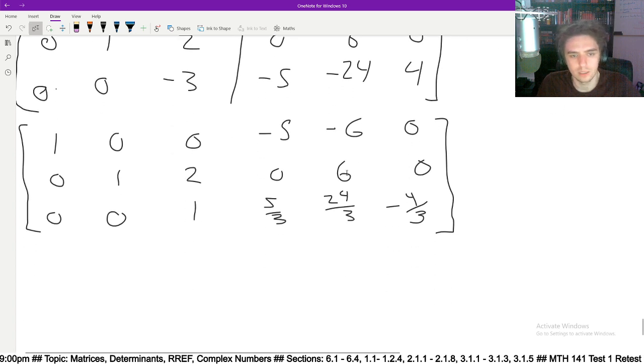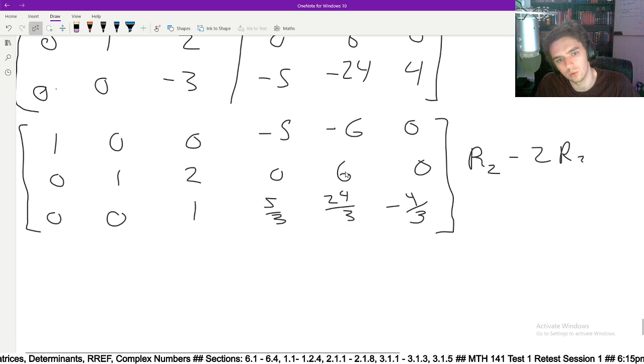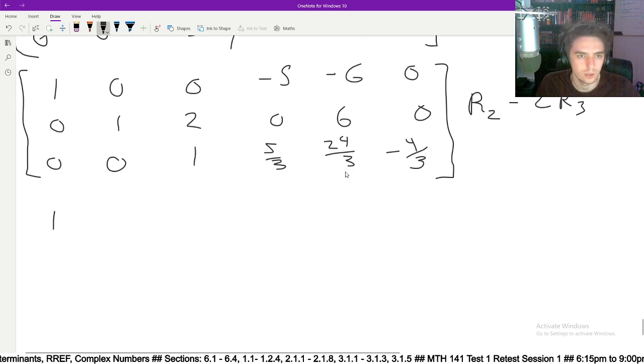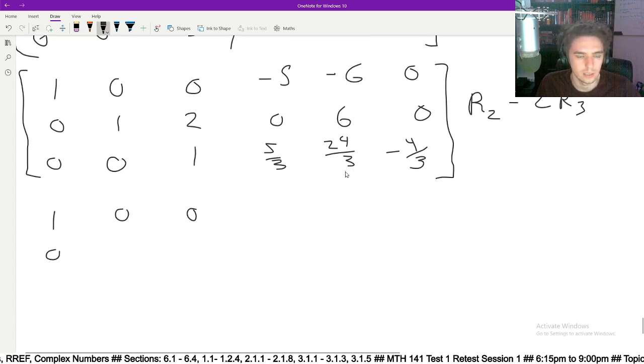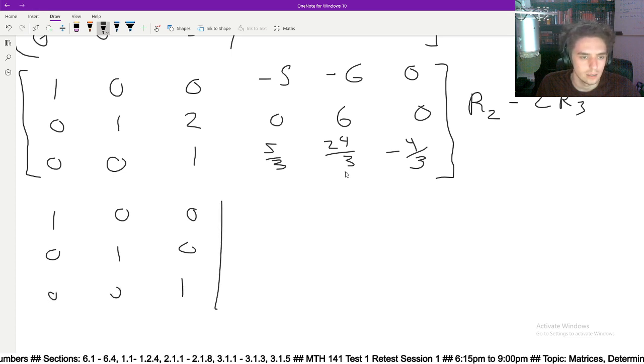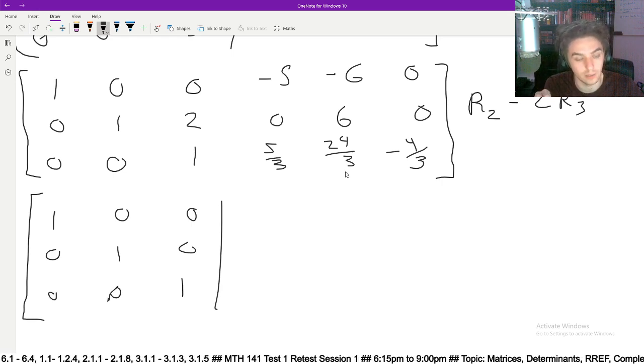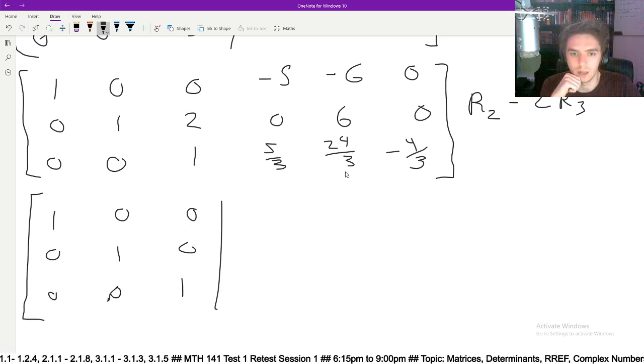Very close to being finished. One more step. So it's going to be row 2 minus 2 times row 3. So this side, notice, is going to be an identity matrix. Okay, so we're successful. So whatever is on the right side here is going to be our answer.